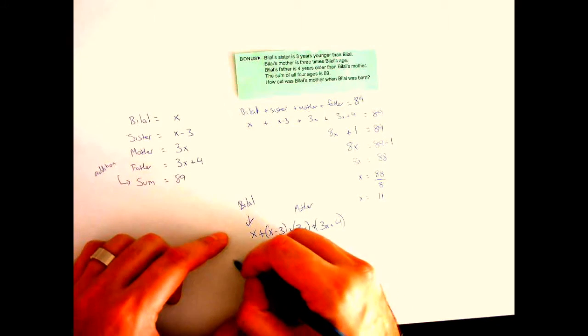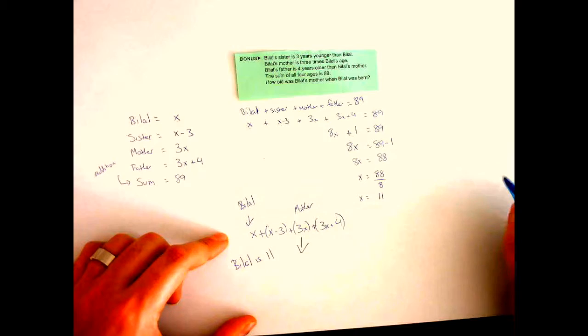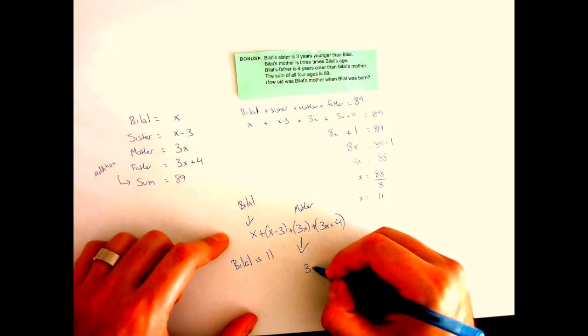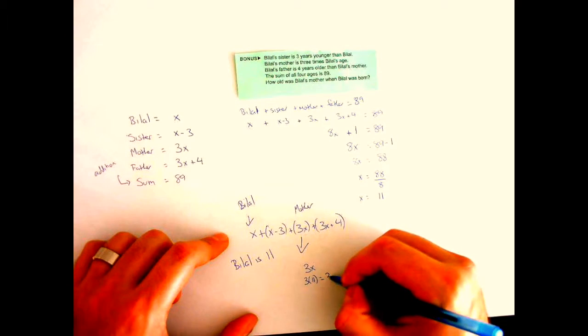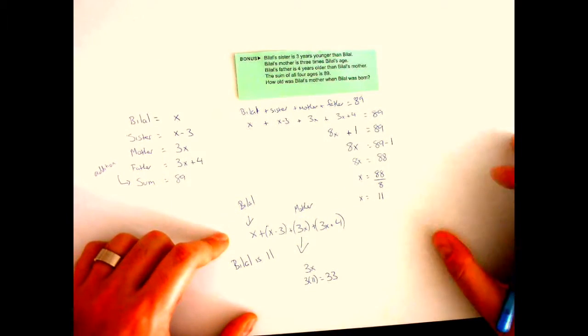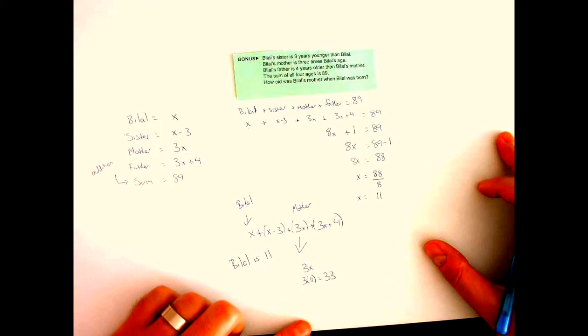Bilal is 11. So the mom is 3x, which equals 3 bracket 11. She right now is 33 years old. So to figure out how old she was when she had Bilal, simple little mathematical procedure, subtraction.